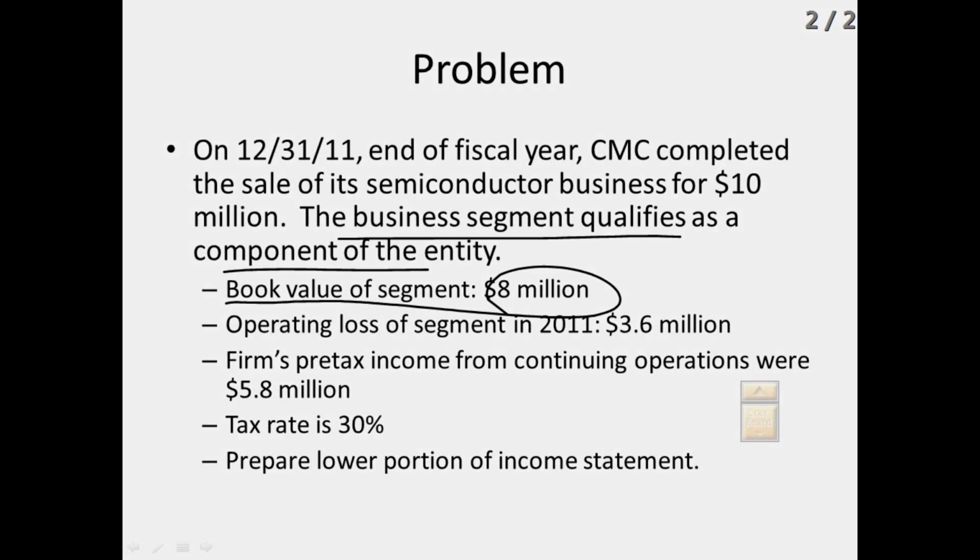So if this segment is operating by itself and it bought a bunch of assets and it took out a bunch of loans, the person buying it has to buy the whole thing, the loan, the good and the bad. So it's buying the net book value, which is all the assets minus all the liabilities of this segment. All of the assets, all of the liabilities.